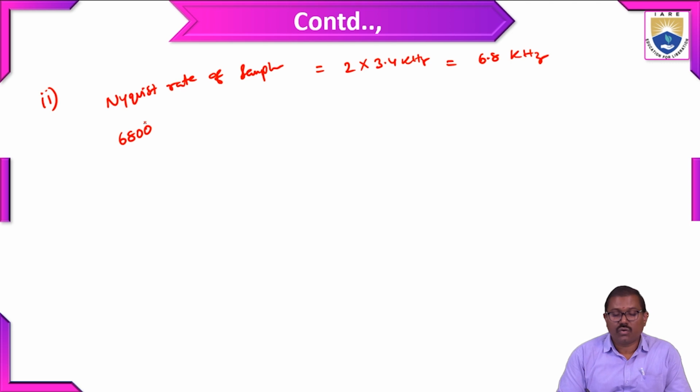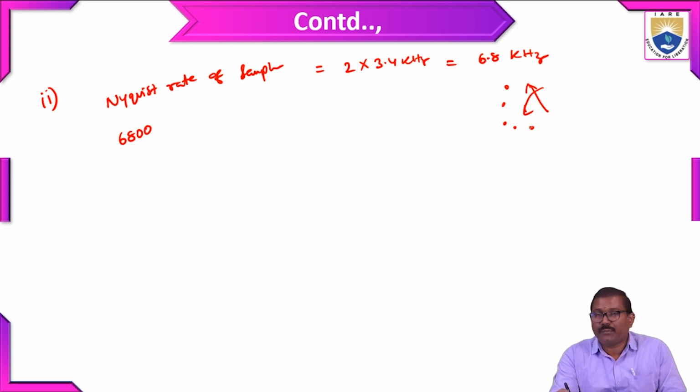Okay. So now what is the rotation time? Why the commutator here? This is a commutator. This commutator is going to select each channel like this. So what is the time taken for the commutator for one rotation?